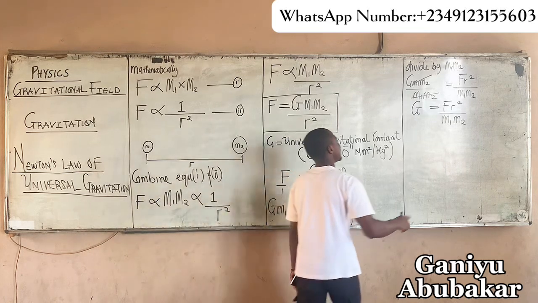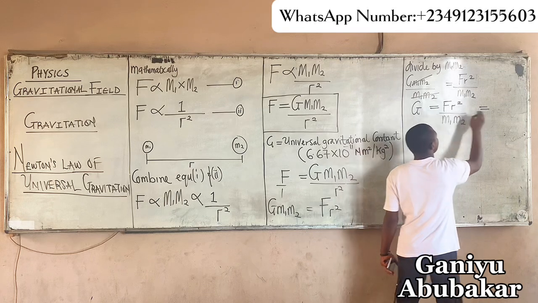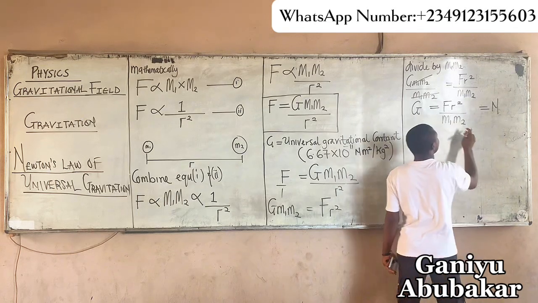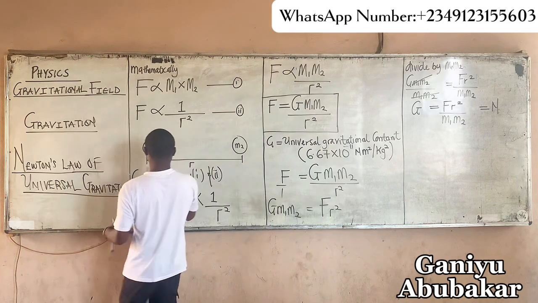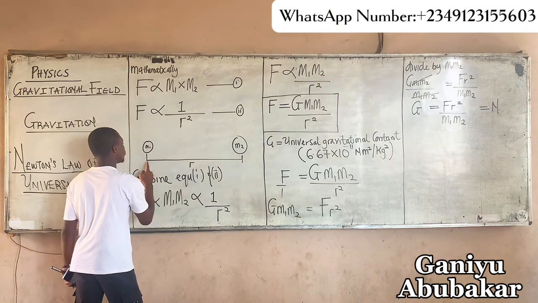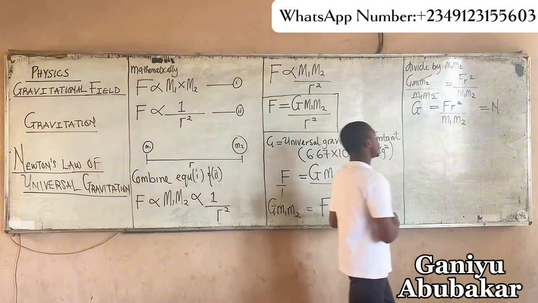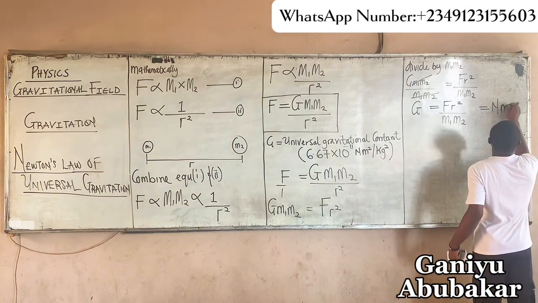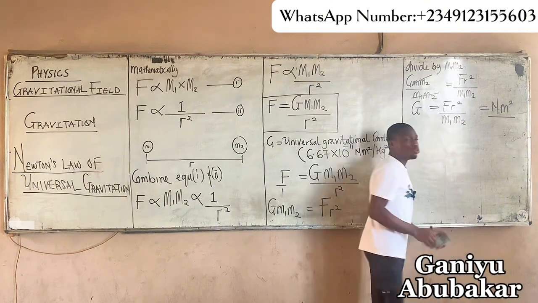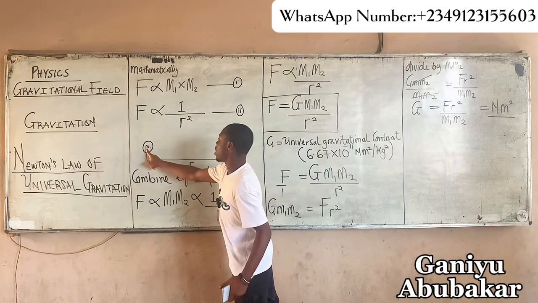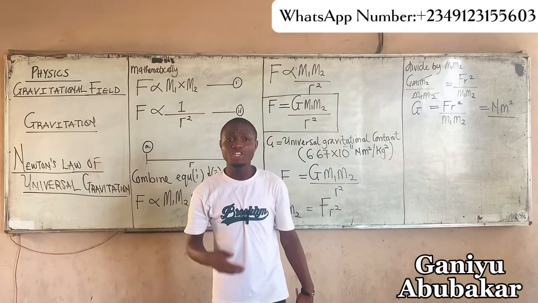Let's get the SI units in place. We know that the SI unit for force is measured in Newton. Next up, R squared. We established that this R is what? The distance between M1 and M2. So distance is in meters. So it becomes meter squared all over M1 M2. Usually these are mass 1 and mass 2, and mass is of course measured in kilogram.